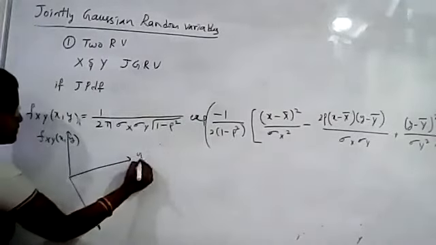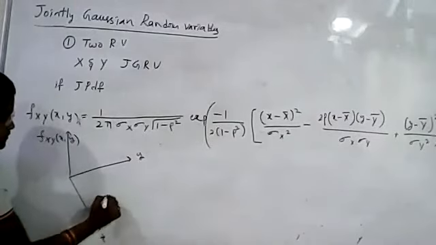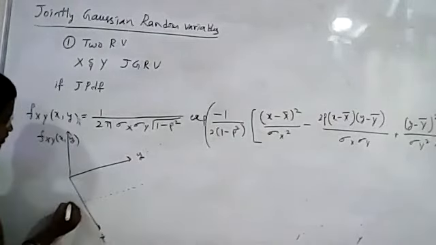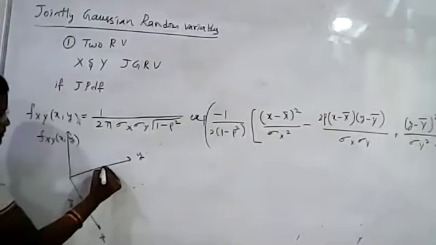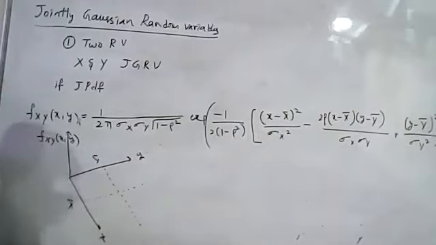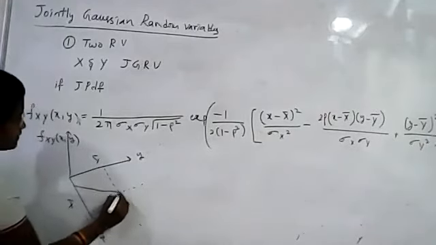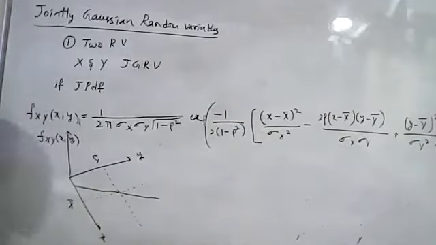This is our y-axis. This is our x-axis. This is the mean of x, so we call it x bar. This is the mean of y, we call it y bar. Now we are just taking a line which passes through the mean.